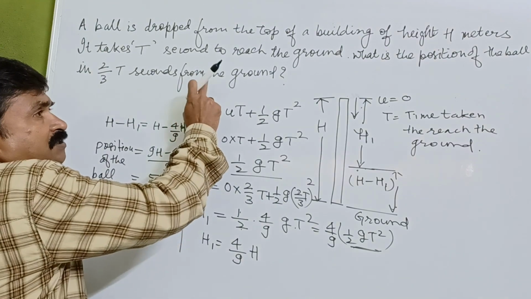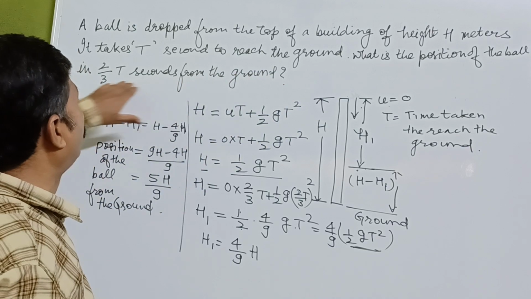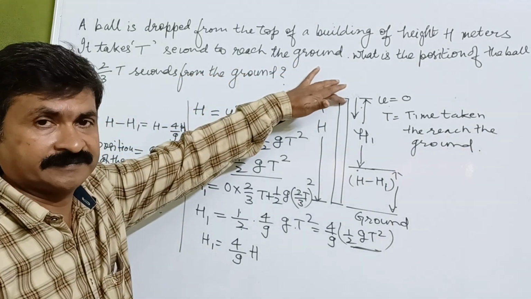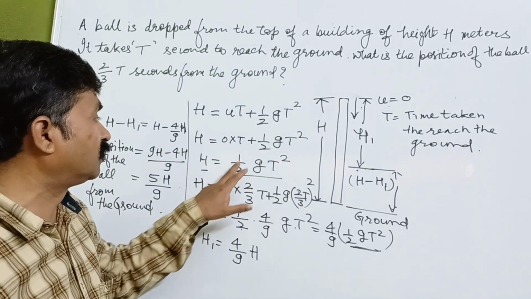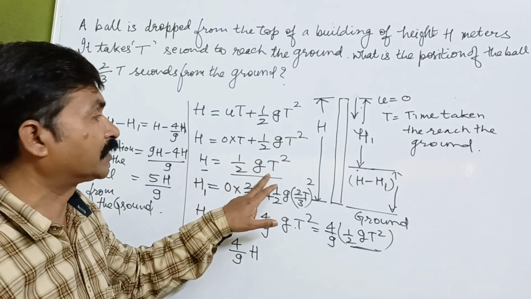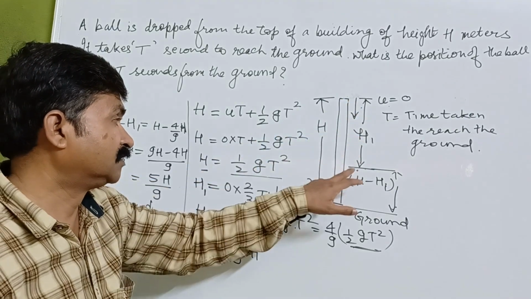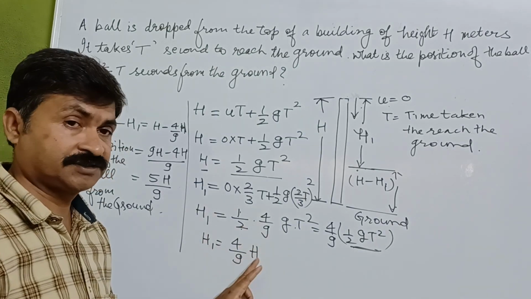But if the question is changed, and it asks what is the position of the ball in 2/3 t seconds from the top of the building, then the answer is this: h = 1/2 gt², and h1, that you know very well, you will get as 4/9 h.